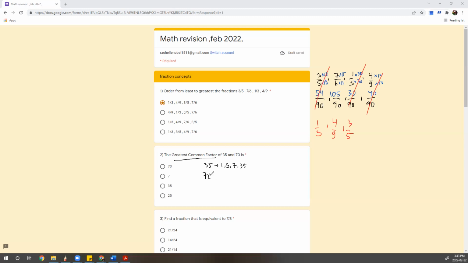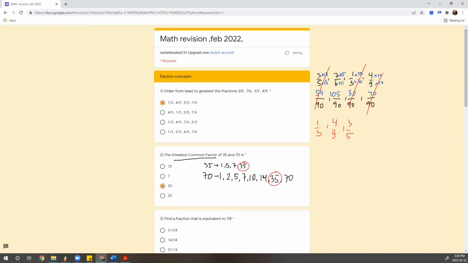So how about 70? It can be divided by 1, 2, 5, right? And then 7, 10, 14, right? Just find the multiplication, and then 35, and then 70. Find the greatest of the common factors. That's it.